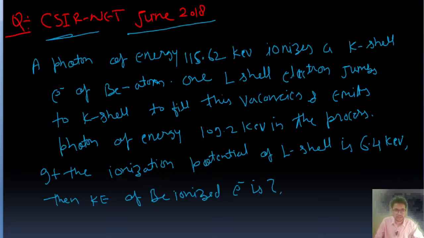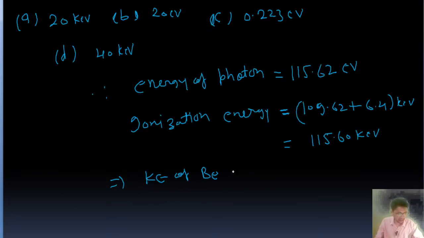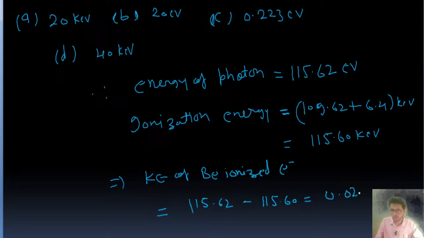So this implies that the kinetic energy of the ionized electron of beryllium is going to be 115.62 minus 115.60, which is 0.02 kilo electron volt.